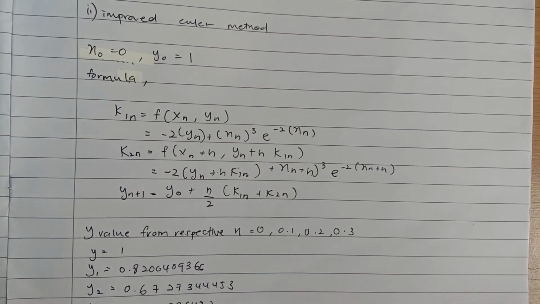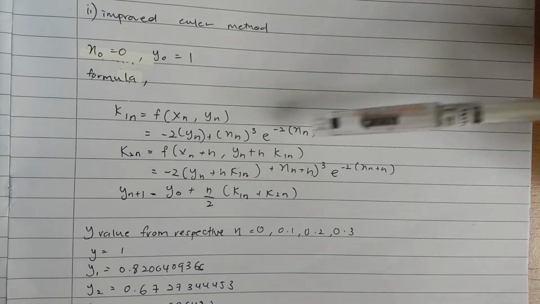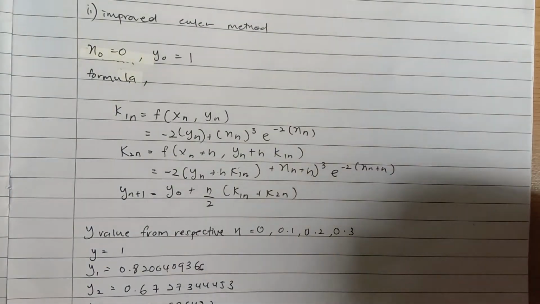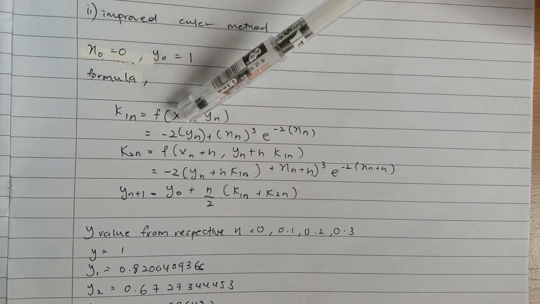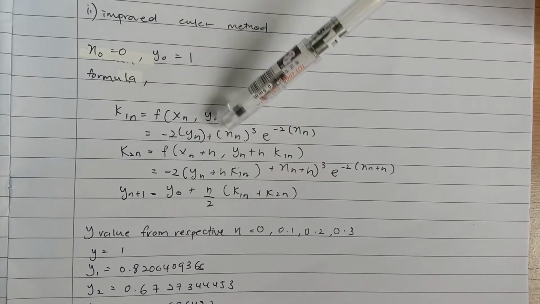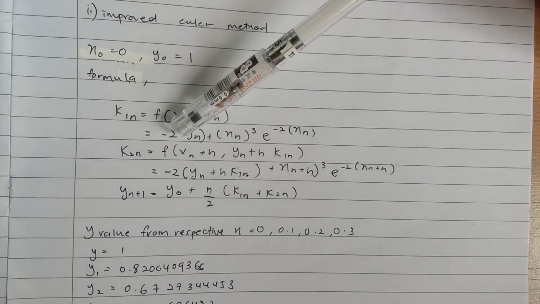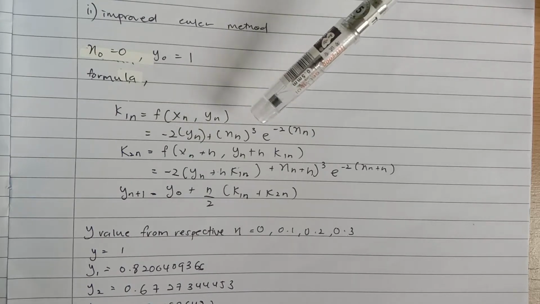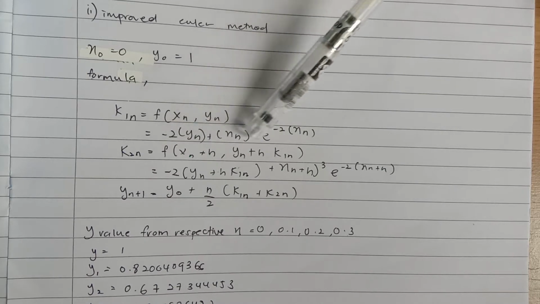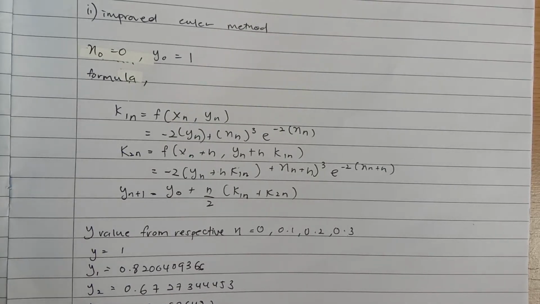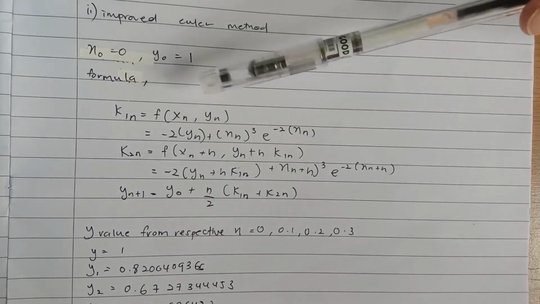Instead of trying to find f0, we are now trying to find k. The formula is k1n equal to f(xn, yn), which is negative 2yn plus xn cubed e to the negative 2xn. This is also from the same equation. You just have to substitute the y and the x of the equation with xn and yn.